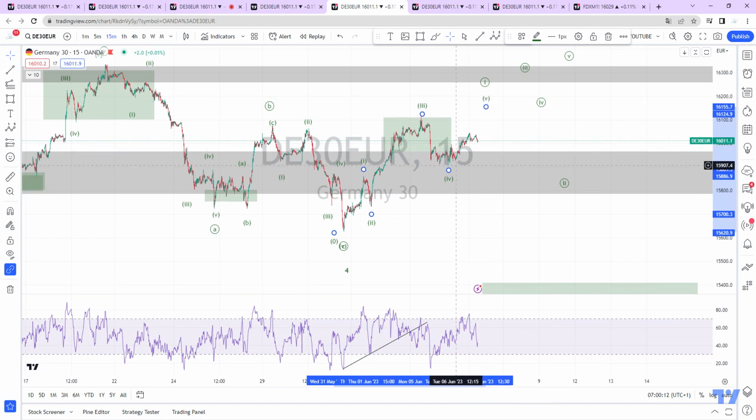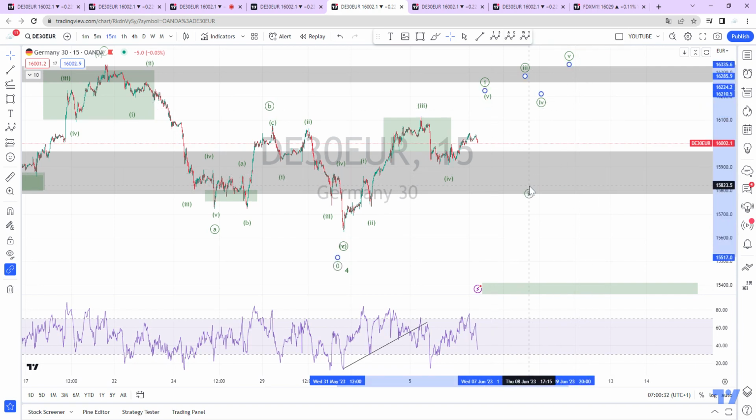You can also analyze from here on the 5 minutes, if you have an impulse up in 5 waves that ends with divergence. This can be a check to enter your short here. So this is a possibility, and if this happens, then we should have a wave 2 pullback, and once we have more data, probably for tomorrow, this can be then an entry again for a long position.